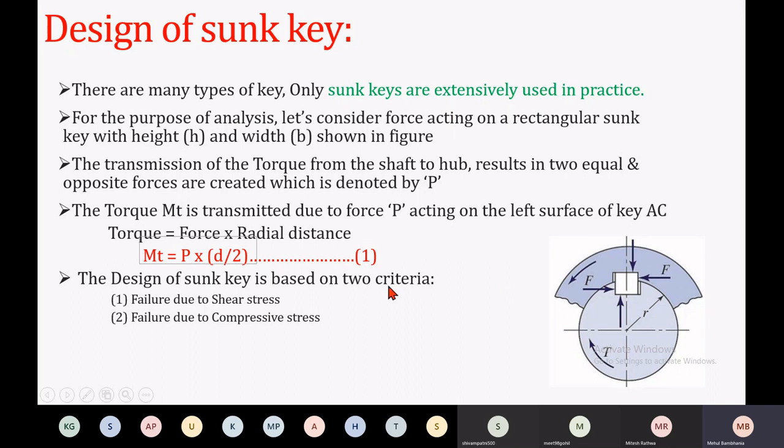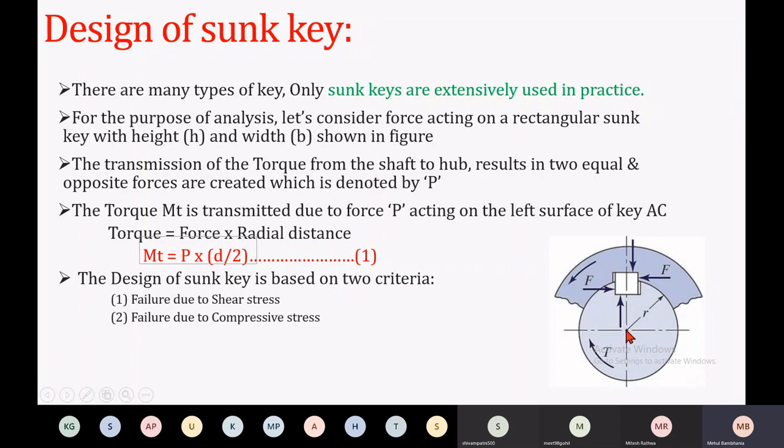Now, the amount of torque transmitted from shaft to hub is given by this equation. Torque is force times radial distance. This is a very prime equation. In this case, force P is generated, so we multiply force P by the radial distance.